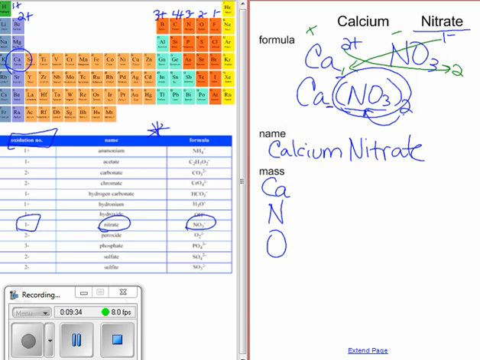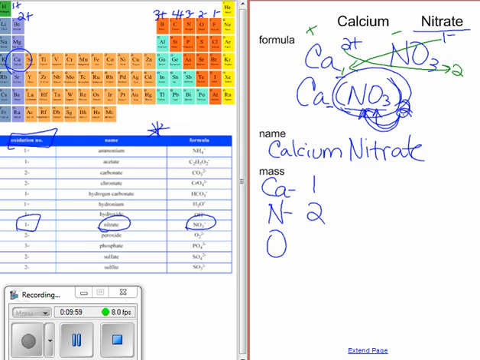I only have 1 calcium, so I'm going to write that down. And how many nitrogens do I have? Now, remember, I had to put the 2 on the outside of the parentheses. And in math, when you do that, you have to distribute this 2 to both parts inside the parentheses. So that simply means I have 2 nitrogens.